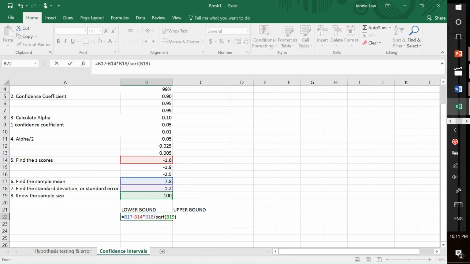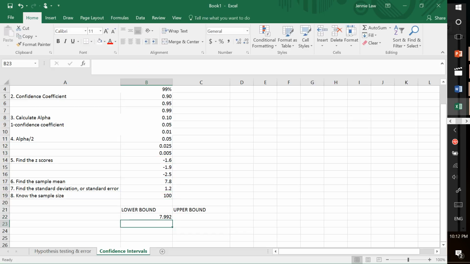And so it's important to go back and make sure that you have your parens in the right place. Otherwise, you're going to get some wonky results. So we're going to put that in there, and order of operations should take care of the rest. So that will be my lower bound, which is 7.992.